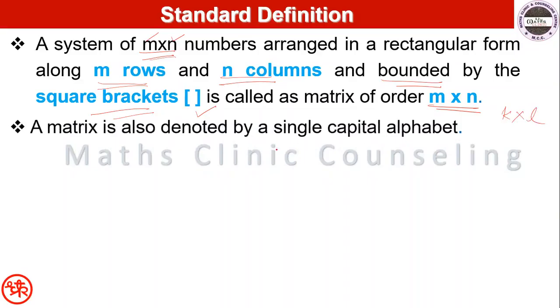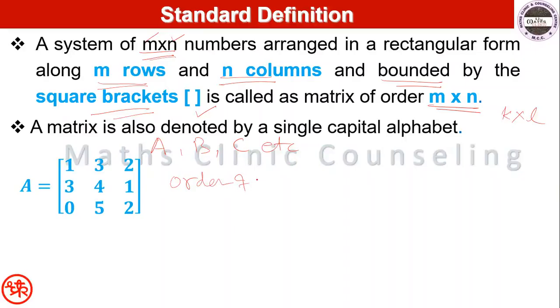Now a matrix is also denoted by a single capital alphabet like A, B, C, etc. Any capital alphabet. So this is the matrix. What is the order here?